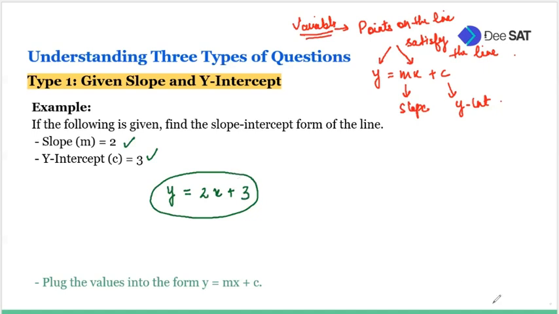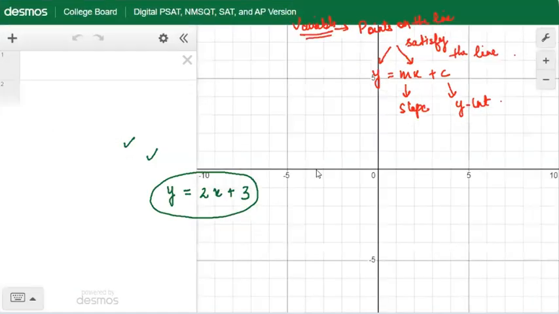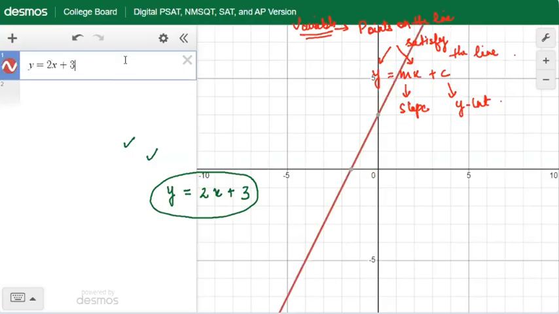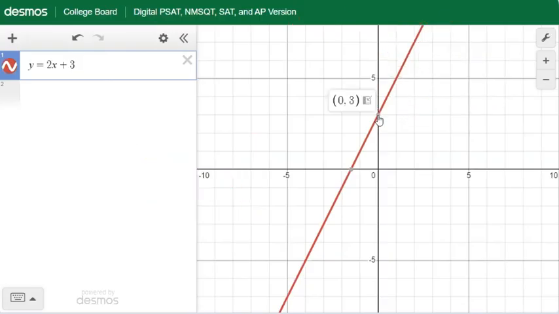Now you can understand that the same thing you can just plot in Desmos also, as we are working along with the sessions for Desmos. So you can see this in Desmos also. When you plot the line y is equal to 2x plus 3, you can see that the line is being plotted where the y-intercept is given to you, 0 comma 3, and again you can figure out the x-intercept, that is minus 1.5 comma 0.